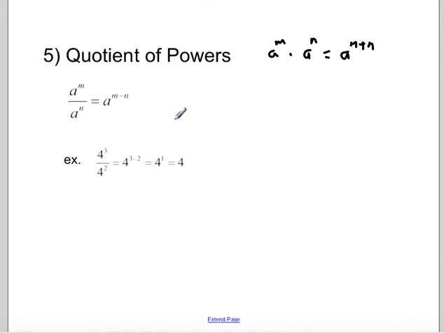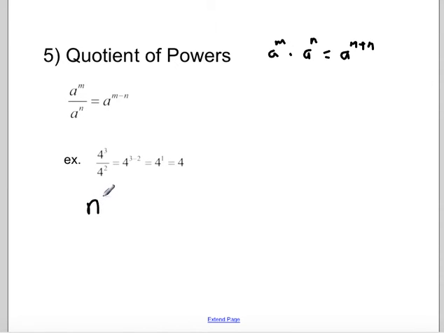Now when it's over division, we're going to go ahead and subtract the powers. So hence it becomes a to the m minus n. That's a subtraction sign there. So in other words, down here you've got 4 to the third divided by 4 to the second. We can change that to 4 to the 3 minus 2, which becomes 4 to the first, which is equal to 4. So let's do another one here.